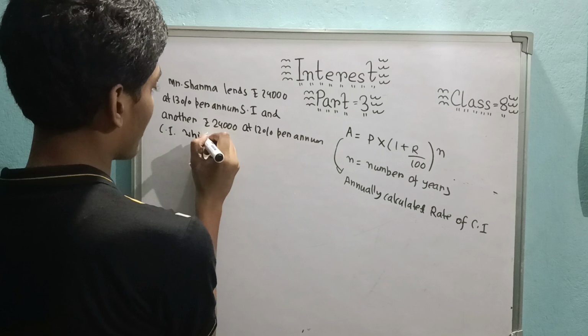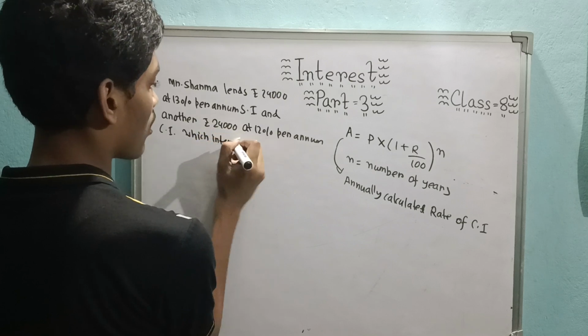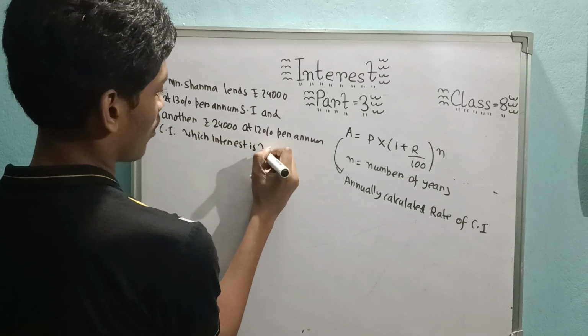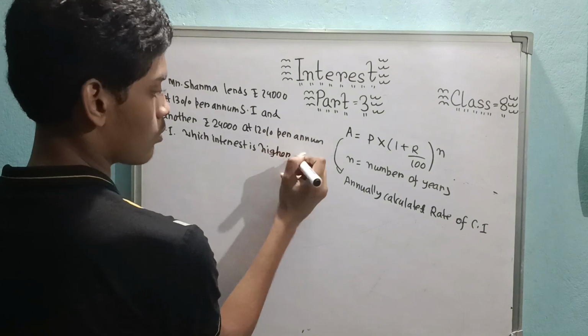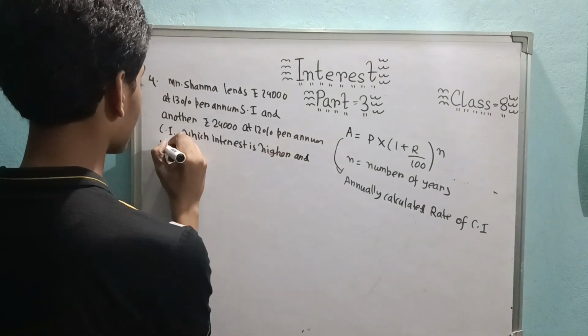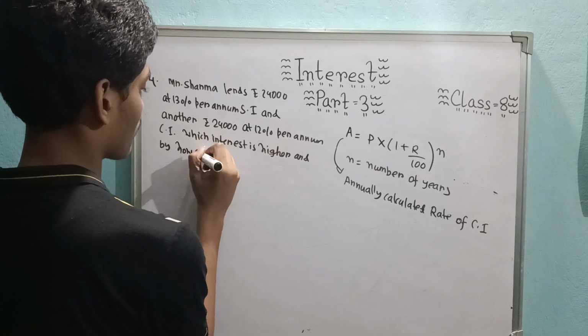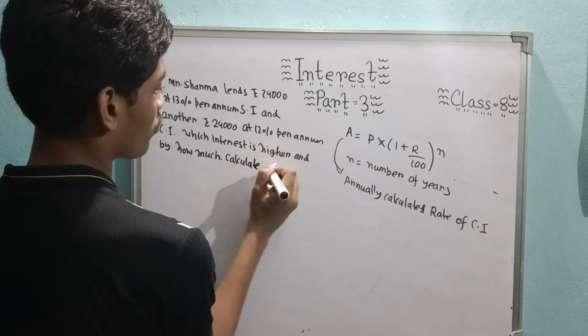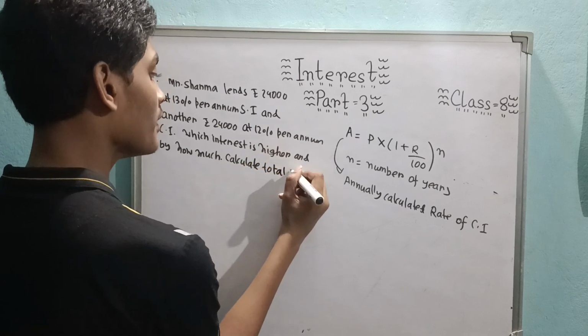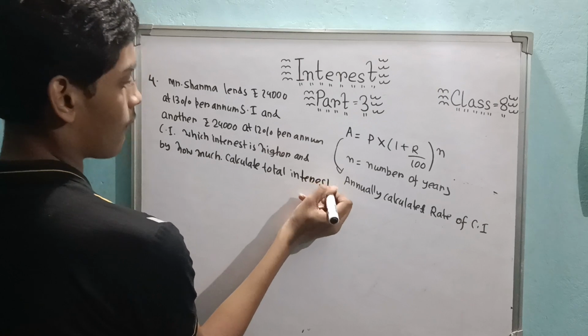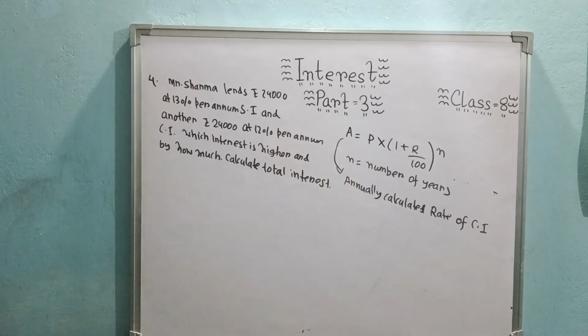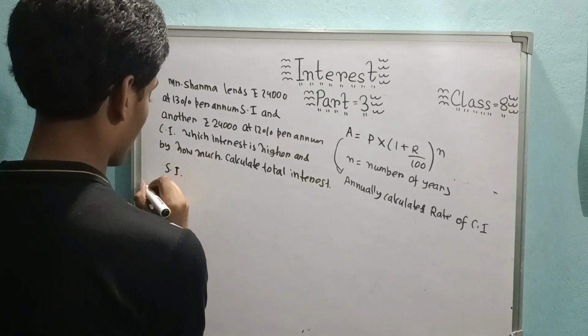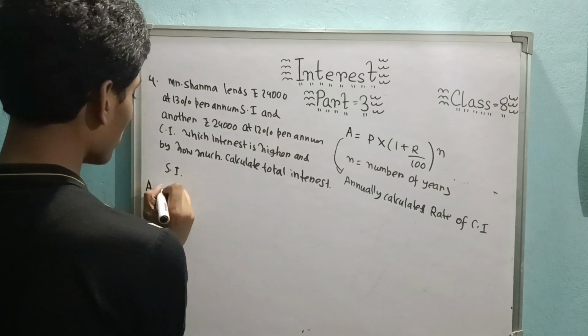Which interest is higher, and by how much? Calculate total interest, meaning the total interest Mr. Sharma gets after this money is given back to him. So, for simple interest, what do we know?